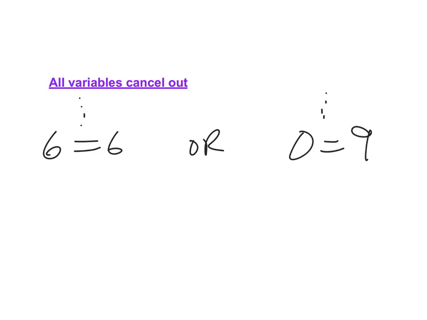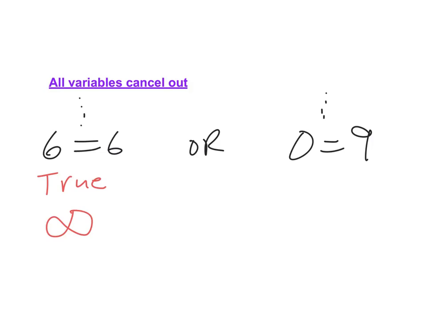You could be left with 6 equals 6. You've done some work and you get 6 equals 6. Or you could be left with a situation where you've done all your work, the variables cancel out, and you're left with something like 0 equals 9, which of course it doesn't. If you have a situation like 6 equals 6 and your answer is true, the solution is infinity. There is an infinite number of solutions for that particular system.